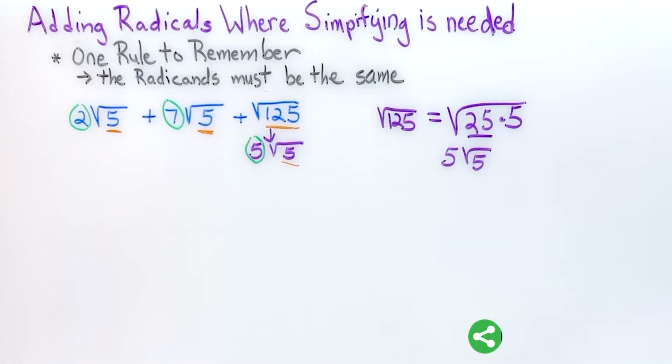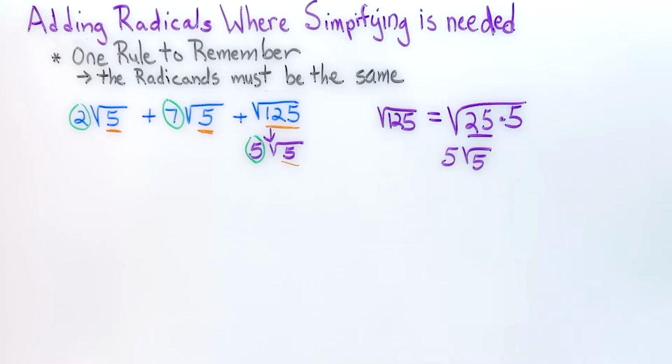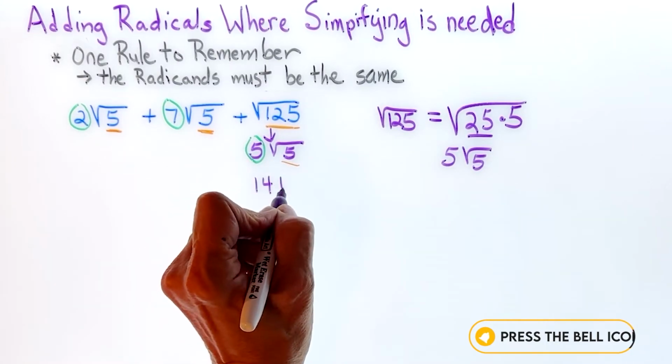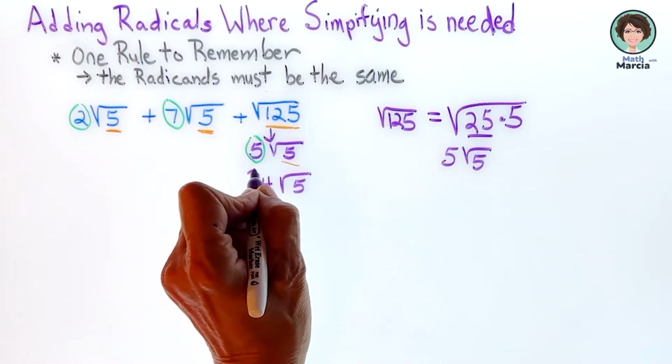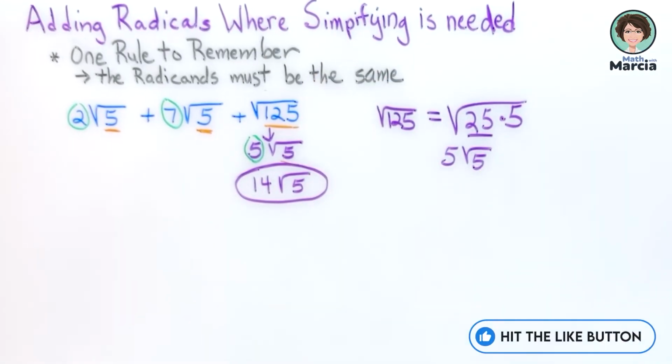So 2 plus 7 is 9, and 9 plus 5 is 14. So as we're looking at this answer, we know that our final answer is going to be 14 square roots of 5. And there we have our answer.